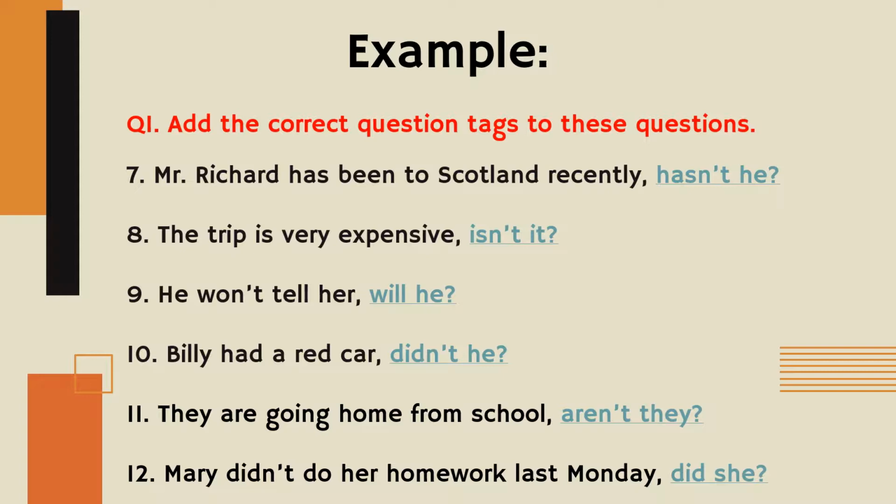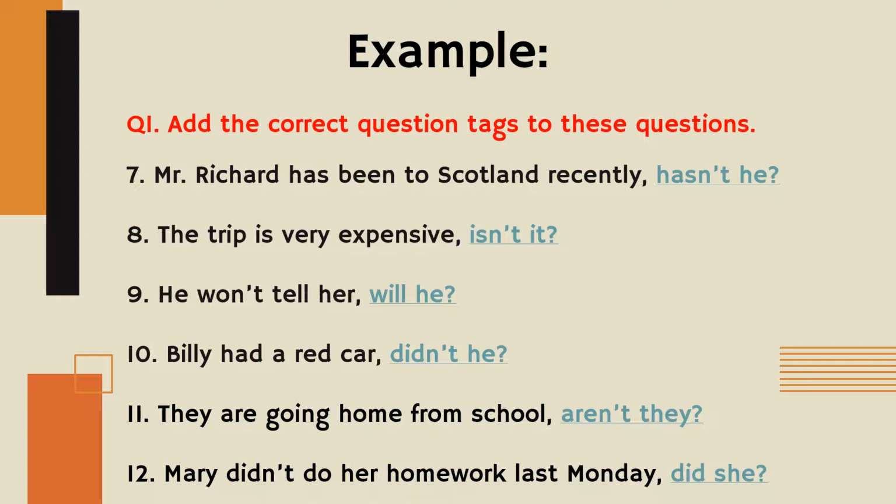Hadn't he? So the statement is a positive statement and the question tag added to the statement is a negative one. So the question tag added to the 10th sentence is hadn't he.